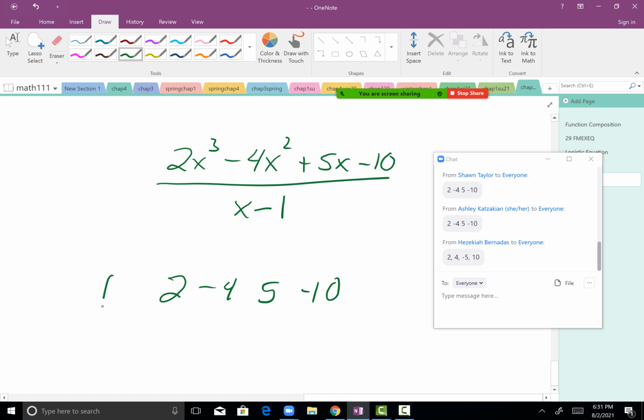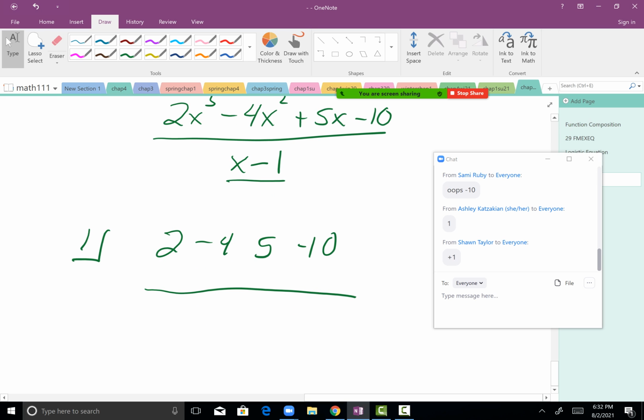Now, what are we going to put down in this backwards? What's going to go in that backwards? 1. There we go. Again, because it's going to be the opposite of that. Yep, plus 1. Good. Now you're just going to do synthetic division. All right, so see if you can do it along with me here. We're going to drop that 2 down.